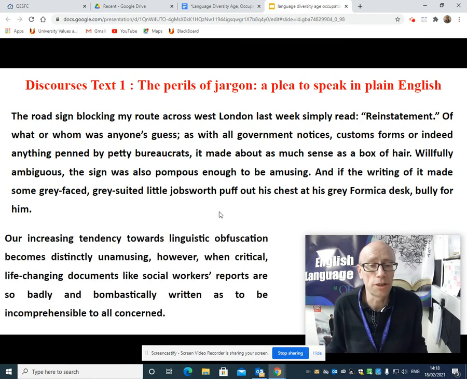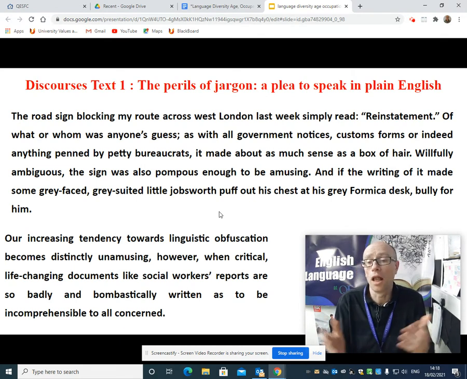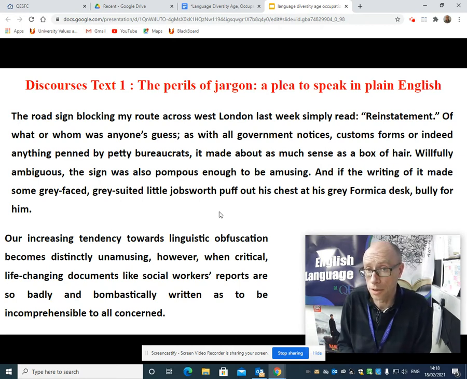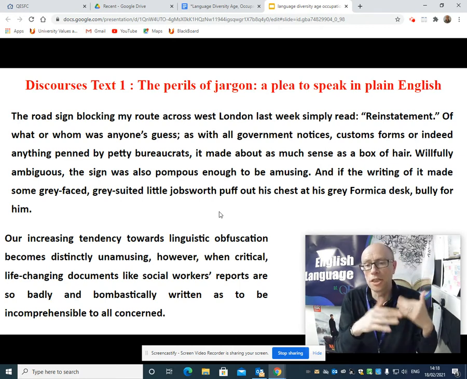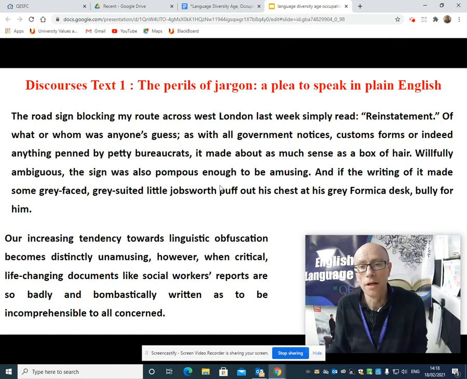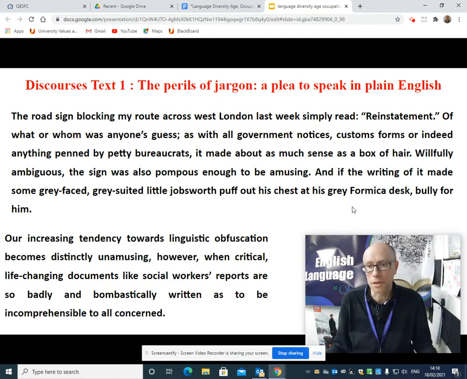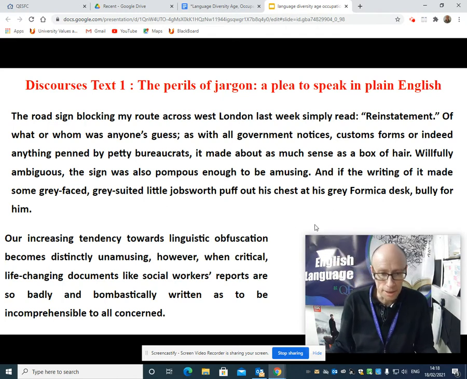Our increasing tendency towards linguistic obfuscation becomes distinctly unamusing, however, when critical, life-changing documents, like social workers' reports, are so badly and bombastically written as to be incomprehensible to all concerned. So there's a slight change in tone here, because we've had the humour of the first paragraph, but then we've got a contrast in the second paragraph that's saying, well, it's funny enough, these sorts of situations where people are pompously and ambiguously using jargon, but it actually matters.